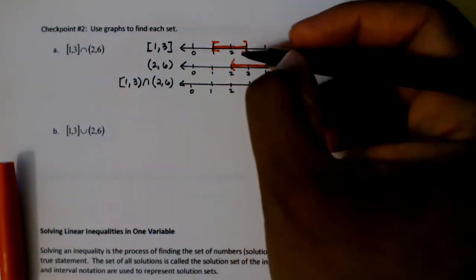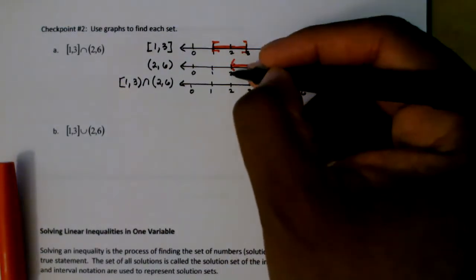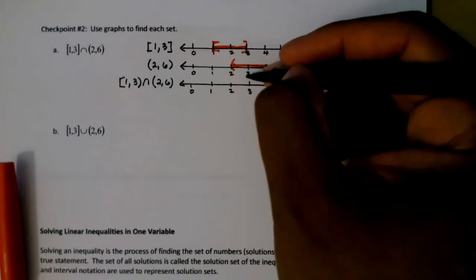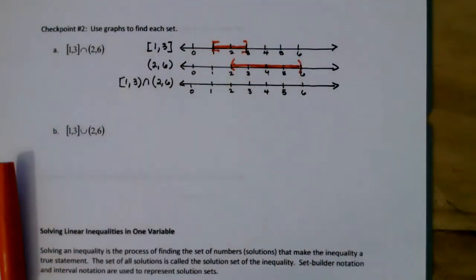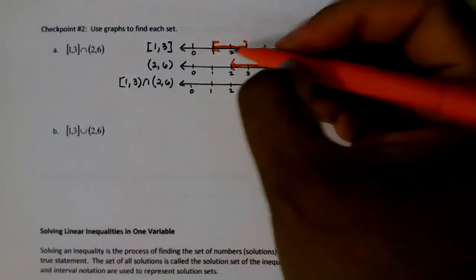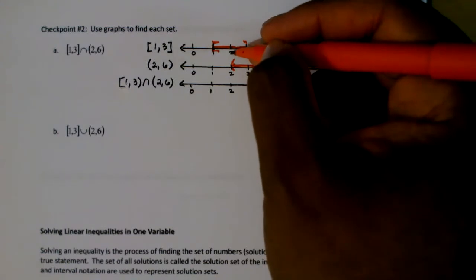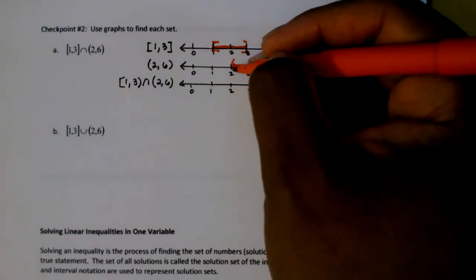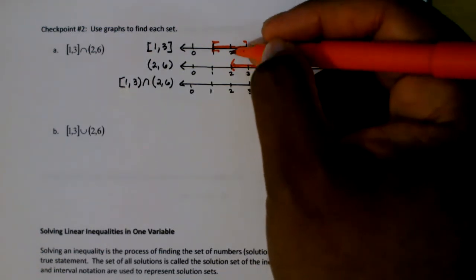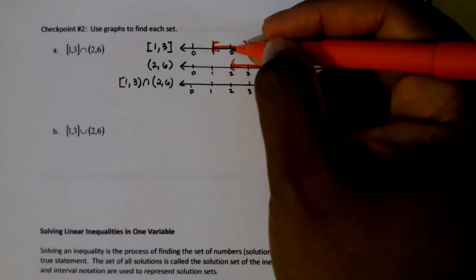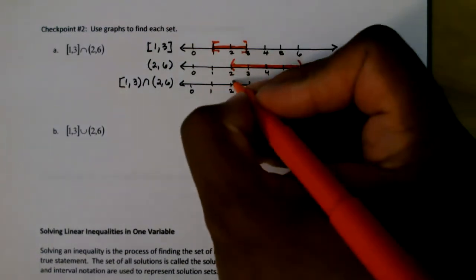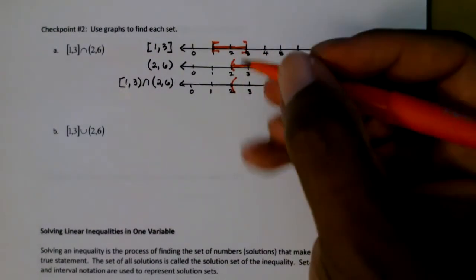If you look at it, from 2 up to 3, that's where the overlap occurs. Now I need to find out whether to use parentheses or brackets for each endpoint. For the 2, 2 is included in the first interval, but it's not included in the second. It has to be included in both for me to use the bracket. In this case, the 2 is included in only one of those intervals, so I have to use the left parenthesis at 2.